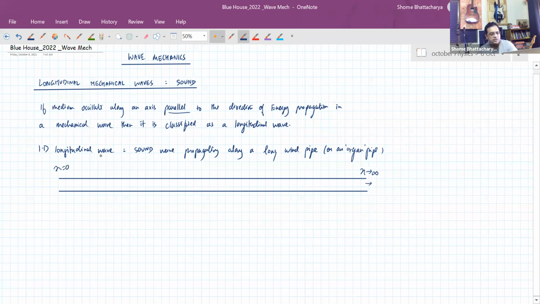So if this end is at x equal to 0, now, for example, if we have a piston at this end, which is attached to an oscillator, in fact, the piston itself is an oscillator, let's say. So it oscillates with a frequency of f and an amplitude of a.